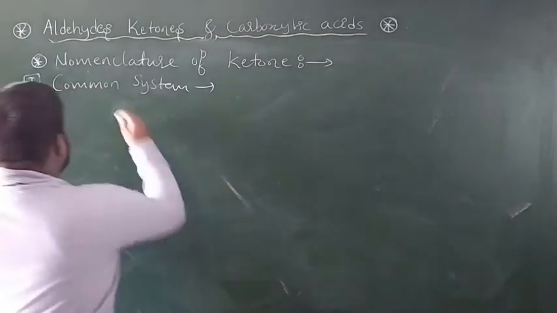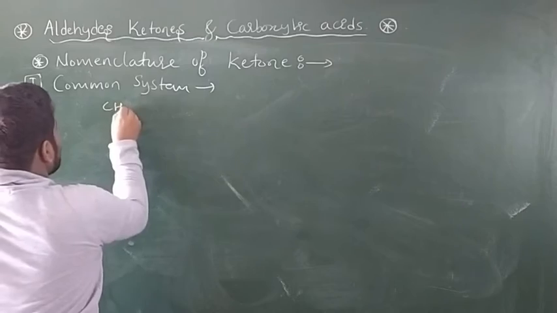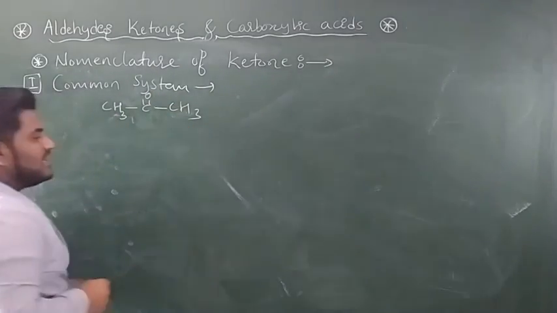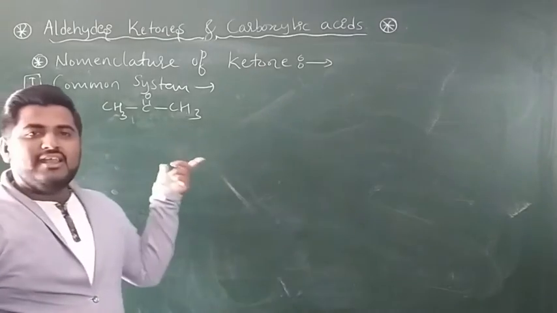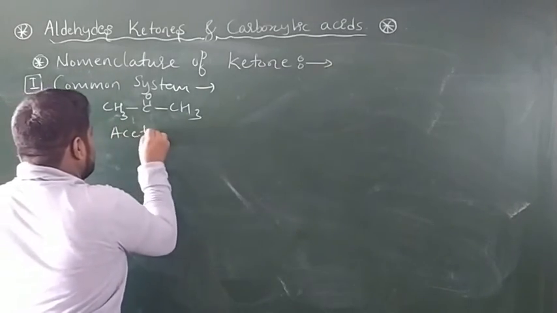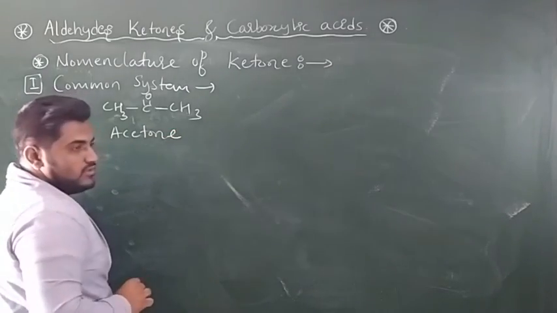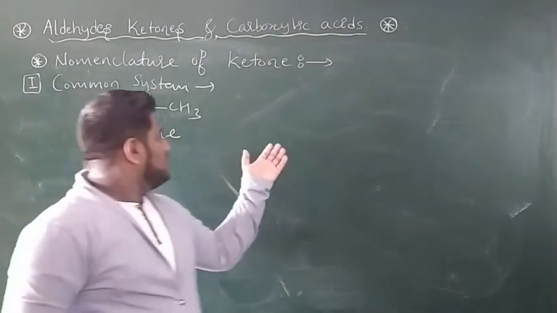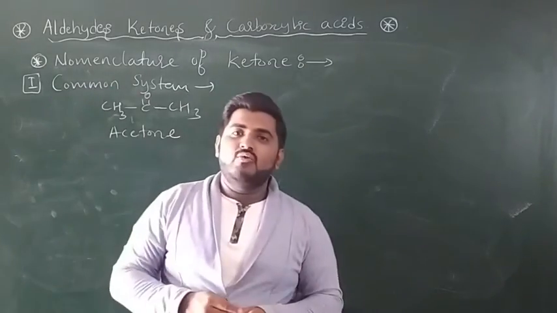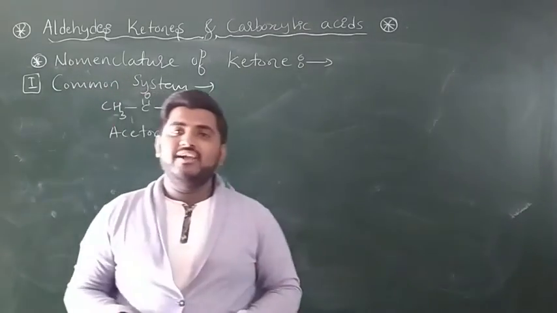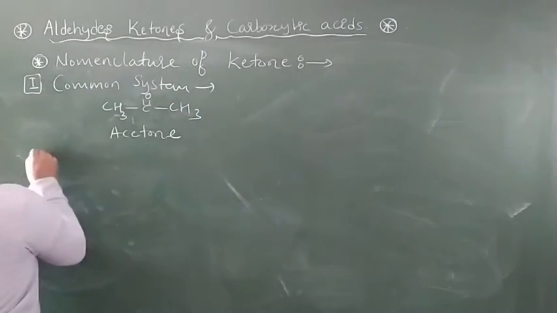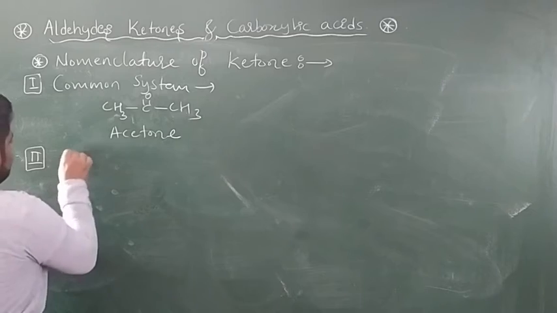You can take an example: CH3 CO CH3. What is the name of this one, guys? It is commonly called acetone, the first member of ketone. Based on the alkyl groups present on both sides, we name ketones by different common names. Then the second system, that is the IUPAC system.